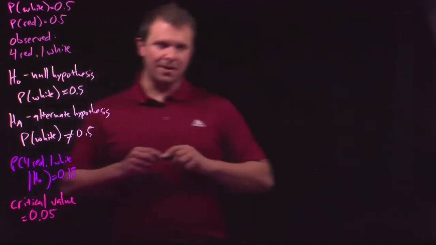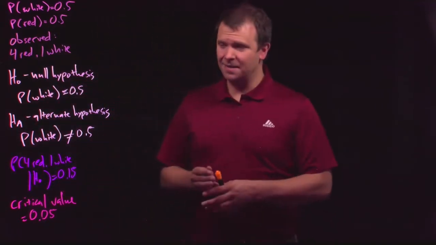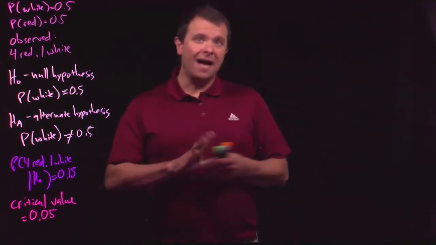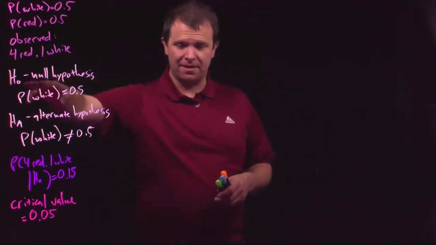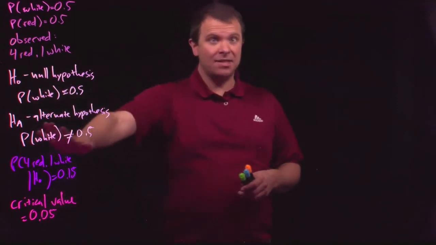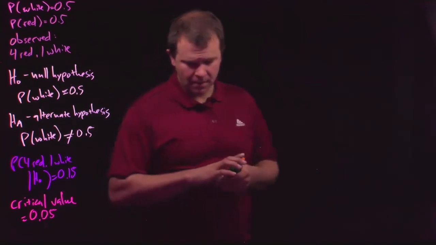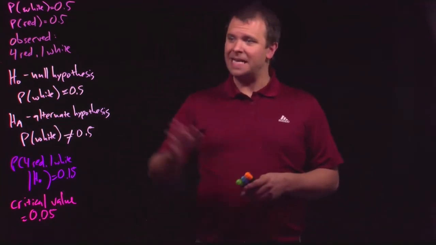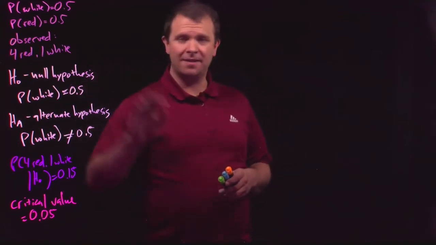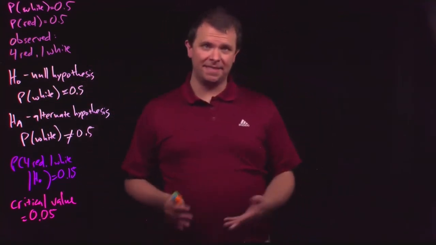0.05. So if we ran this experiment over and over again, we will decide up front that we're going to reject the null hypothesis if we see something this weird at least 5% of the time. So answering this kind of question, is there enough evidence to reject the null hypothesis in favor of an alternate, is called hypothesis testing.